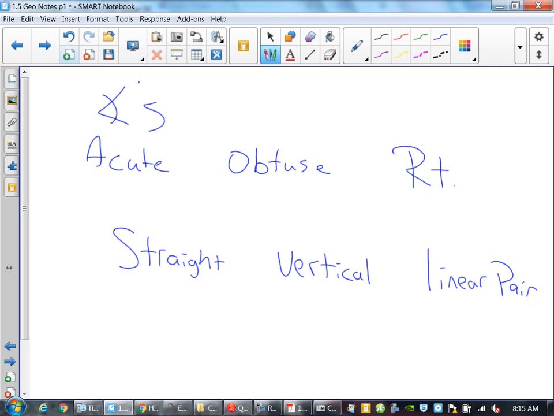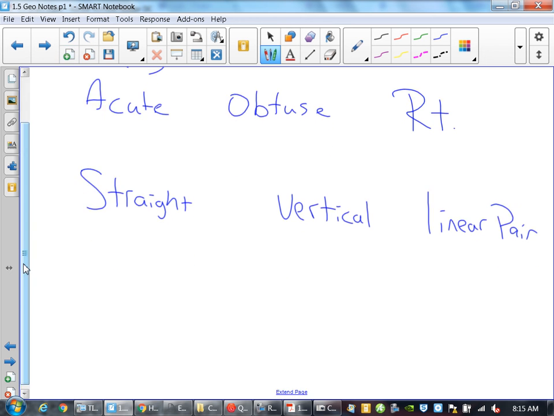Then we have a collinear pair. Sorry. Complementary. Supplementary. That's a lot of angles to remember. Linear, we have linear pair, adjacent angles.